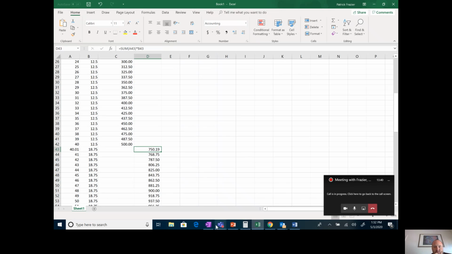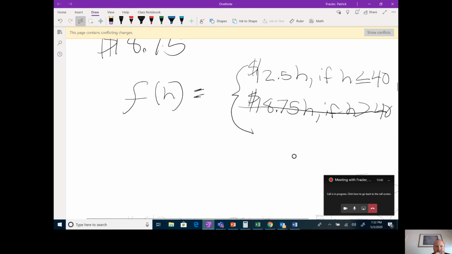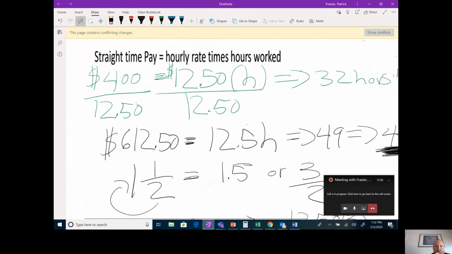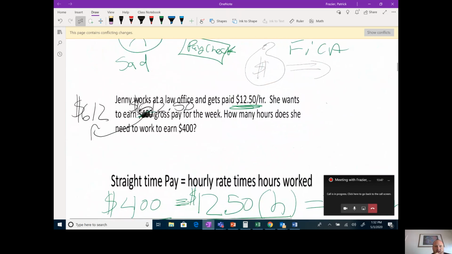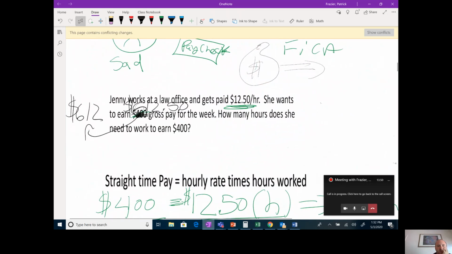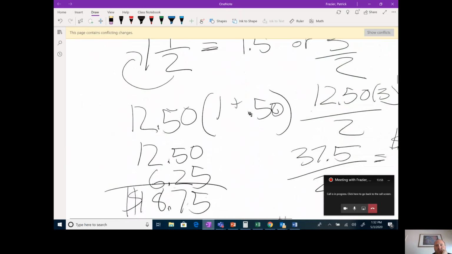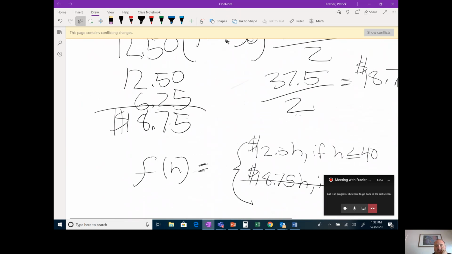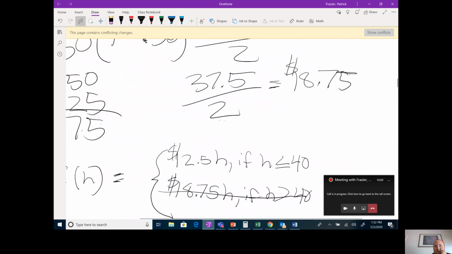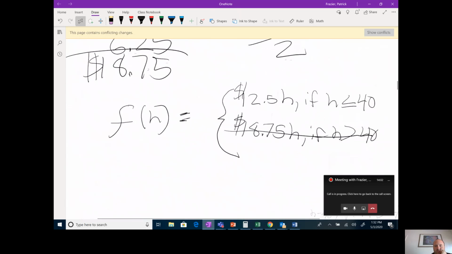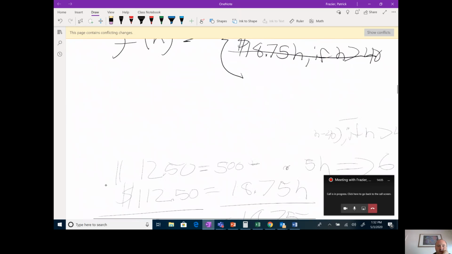So let's go back and do a little algebra first. So we were looking at what it would be if we had $612 instead of $400, we want to solve for $612. And then we did this silly thing where we found 49 hours and we realized that's not it. So what we're going to do for the real algebra, we're still going to solve for $612.